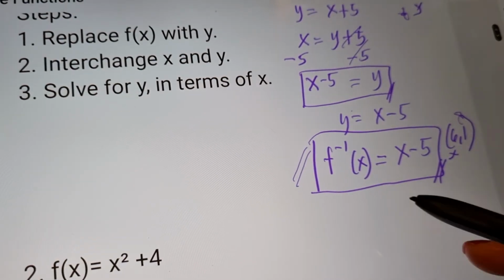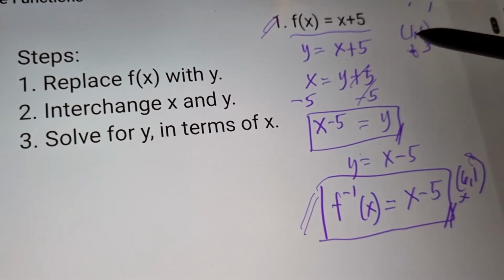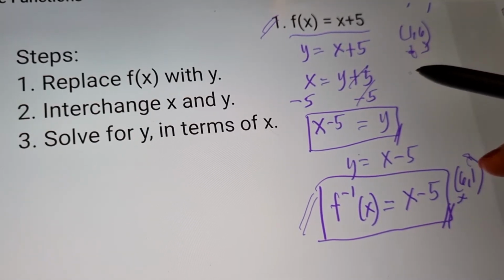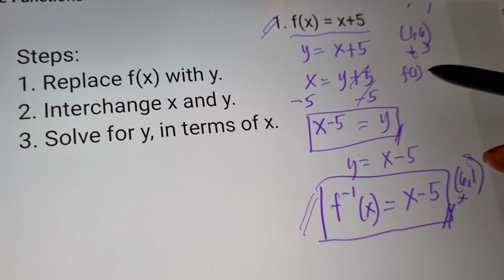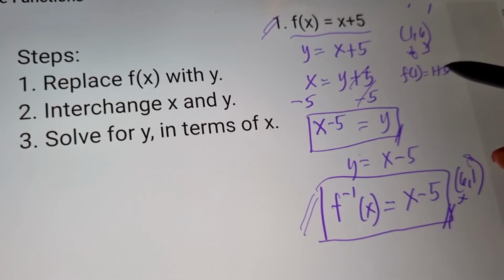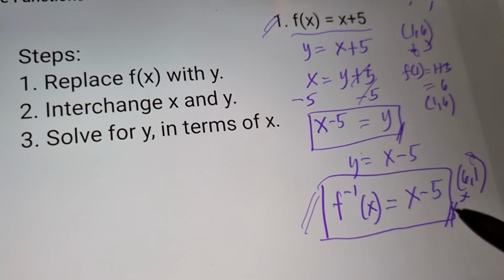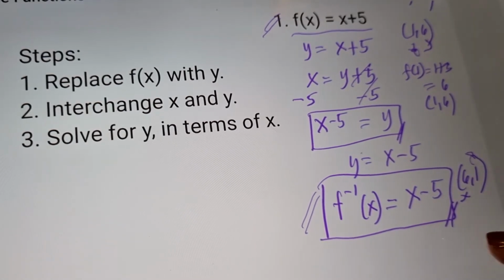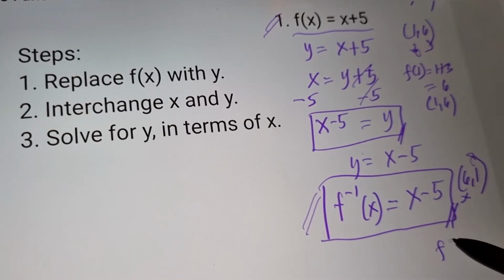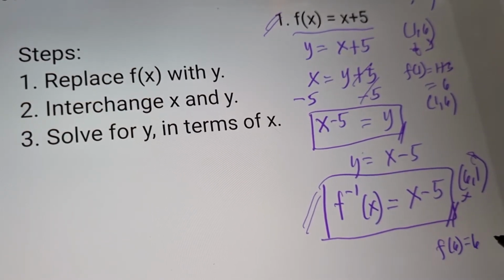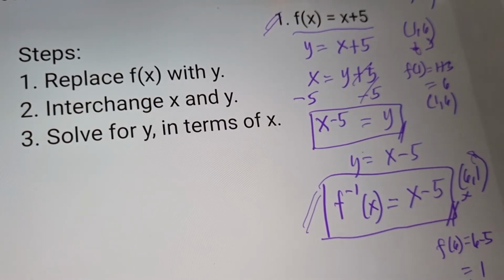Do you want to try this? Okay, let's have this example. If we're going to evaluate f of 1, that is equal to 1 plus 5. So that is equal to 6. So the coordinate is 1, 6. While here, if we're going to evaluate f of 6, it is equal to 6 minus 5, and that is equal to 1. So we have 6, 1.